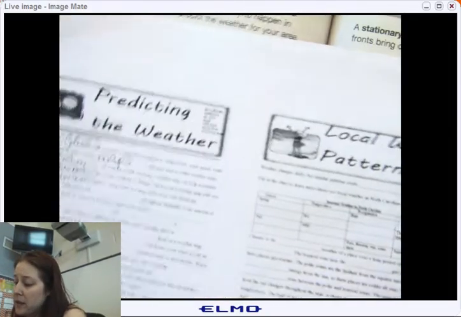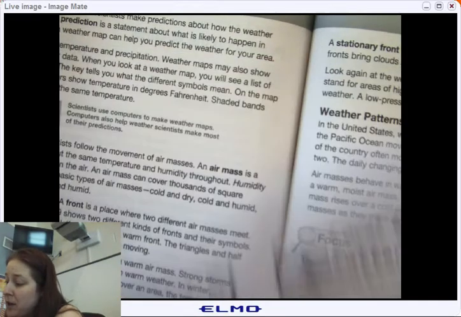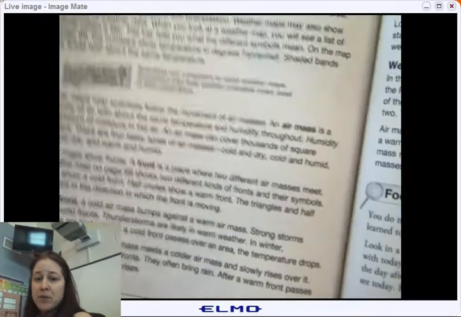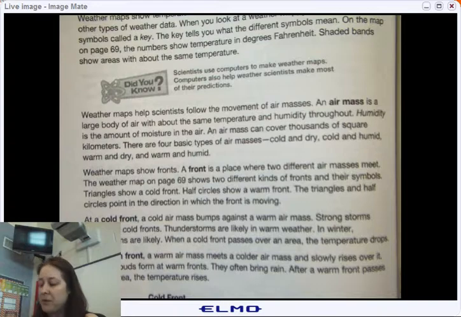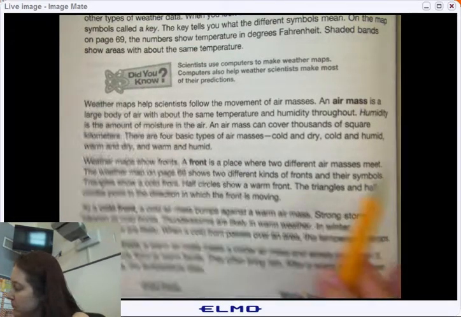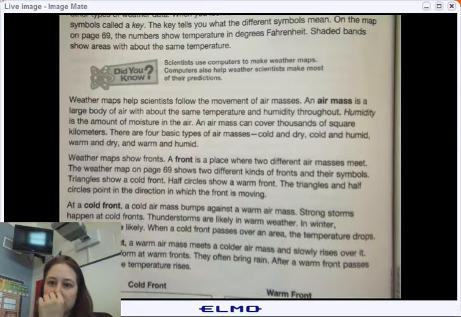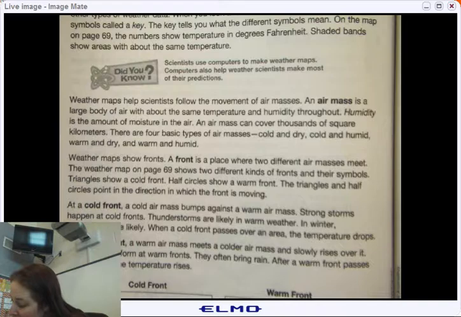Okay, so when I look at that, an air mass is a large body of air with the blank temperature. What does it have? It has the same temperature and humidity throughout. Humidity is the amount of blank in the air.